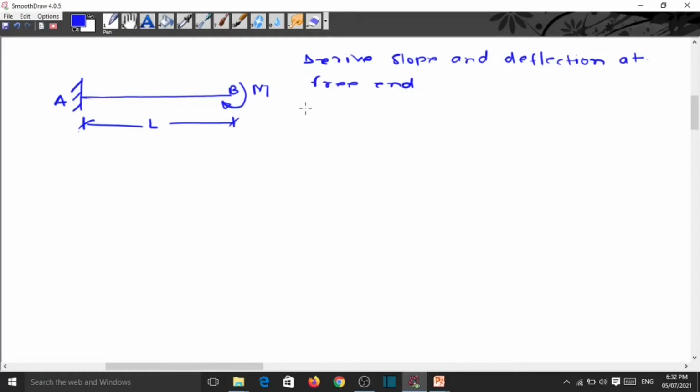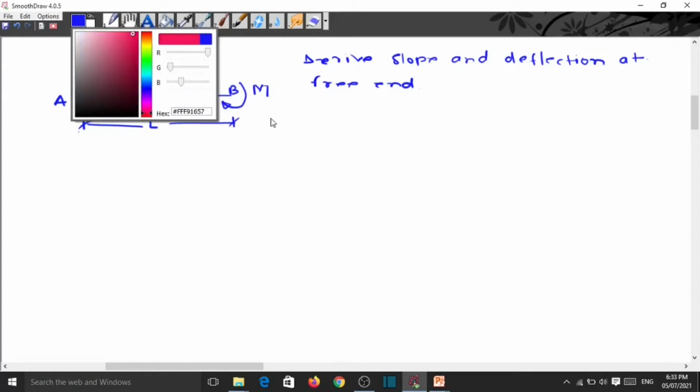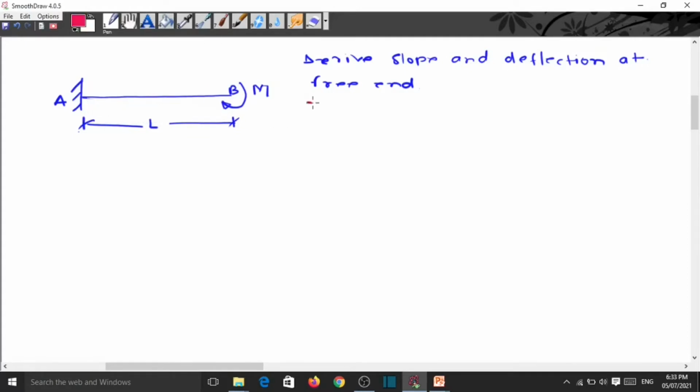Now first we calculate the reactions. So we know here this is the moment, so there is no vertical reaction at A. So we have to find only the fixed end moment. So we take sigma MA equal to 0. Suppose this is clockwise, so assume here the anti-clockwise moment. If our answer is positive, then the assumed direction is correct.